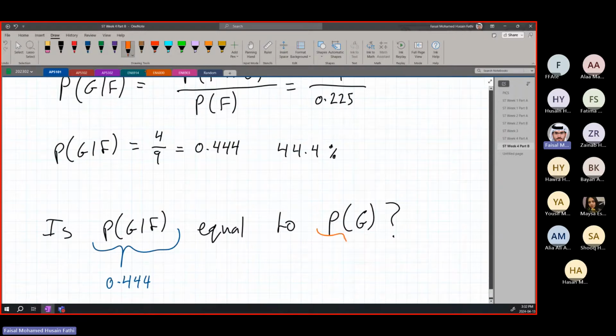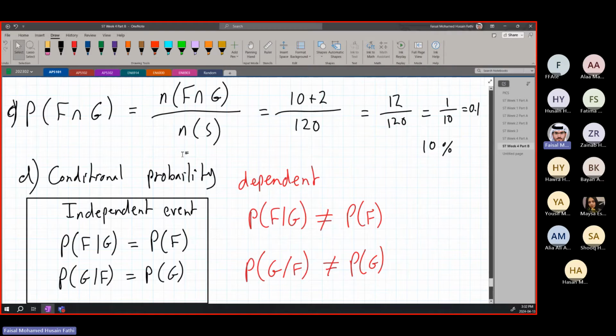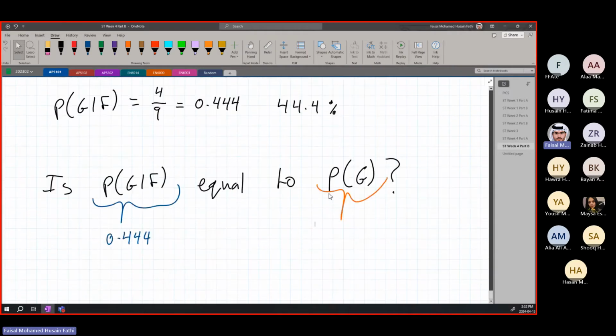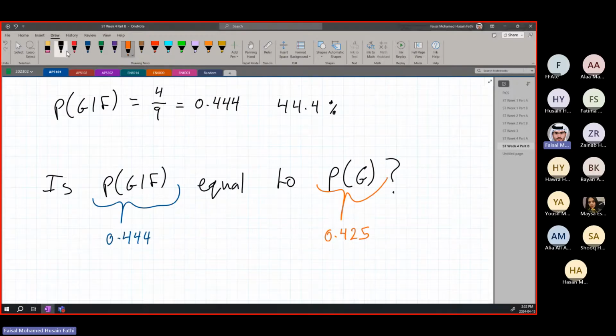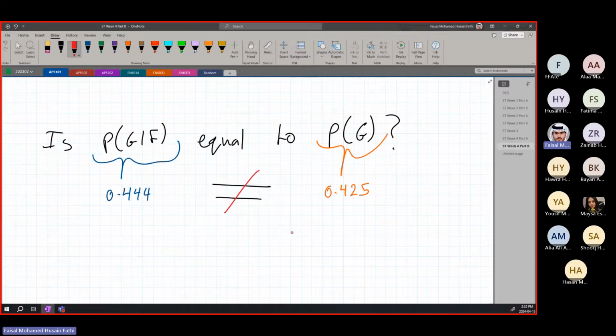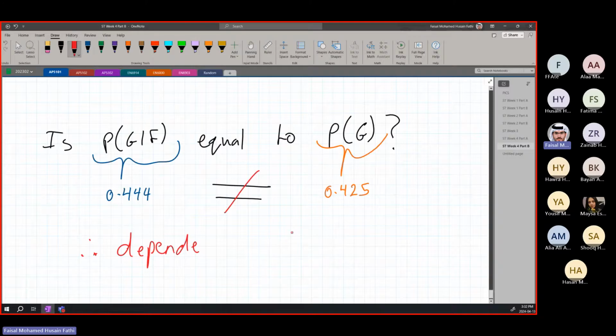And what is the value of this? We've calculated P of G earlier. It is equal to 0.425. So you notice that these two are not equal. Therefore, these two are dependent events.